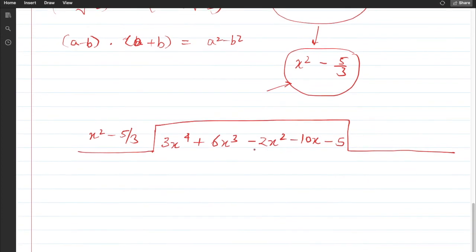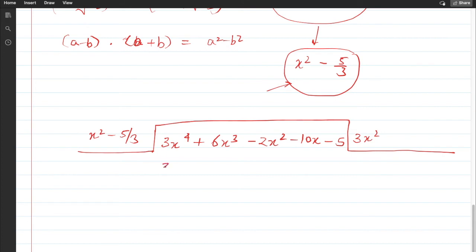Alright, so let's do this. I need to go through this division. What was my step? I need to convert this first expression to equal the first expression over here. So x square needs to be converted to 3x^4, so I need to multiply it by 3 times x square.